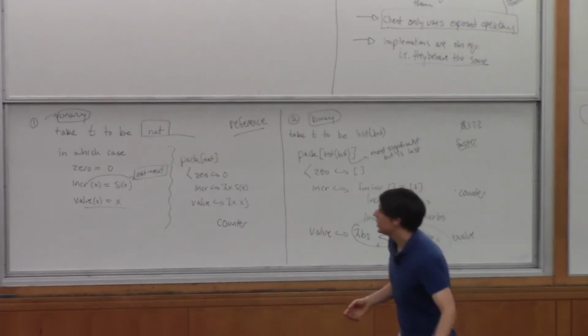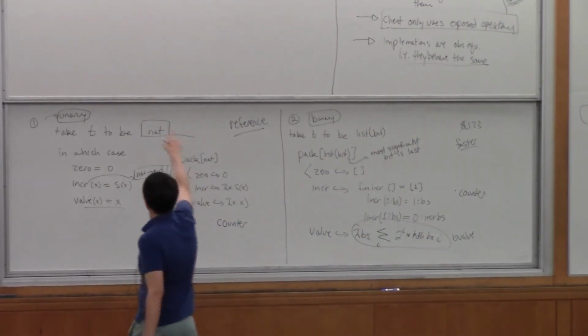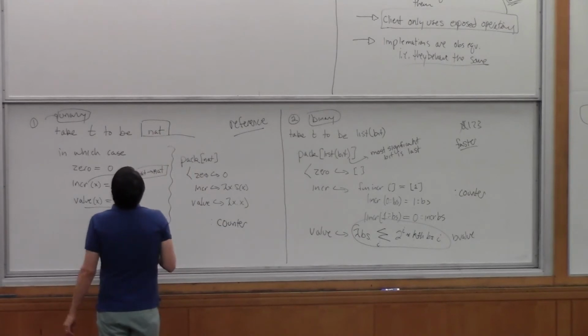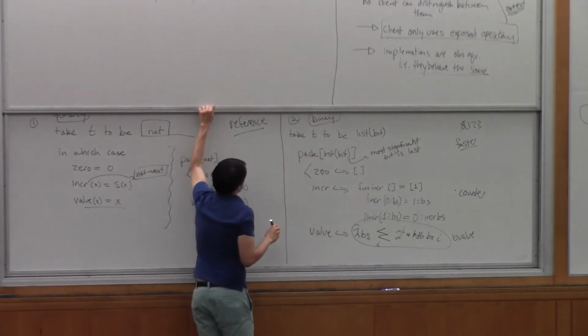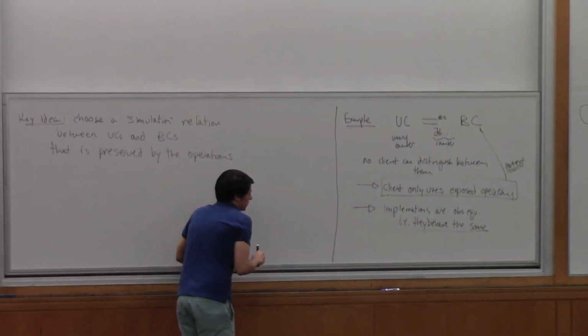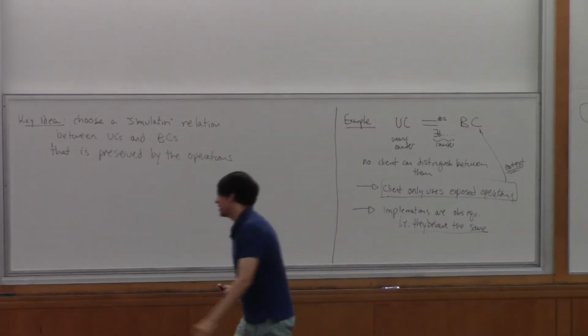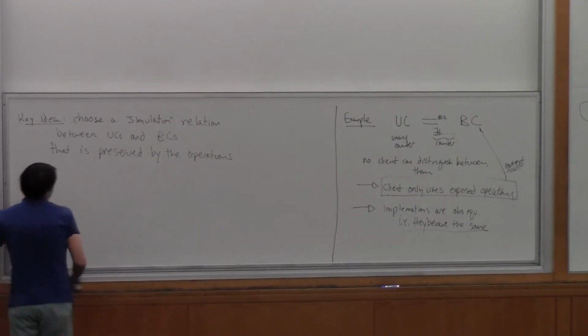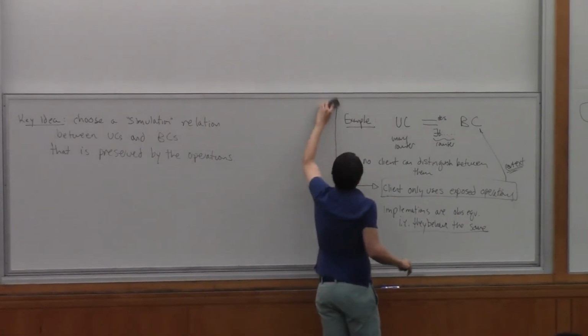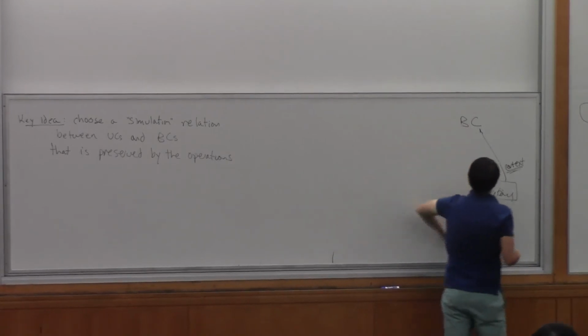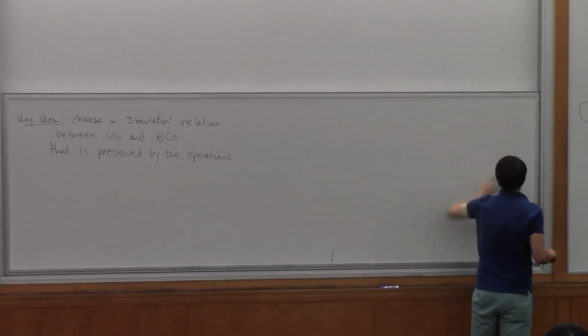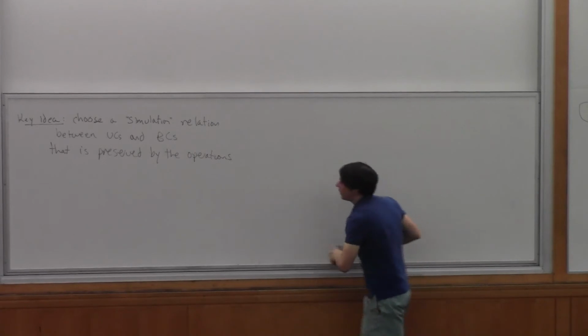Okay? So it suffices to show that the simulation relation is preserved by the operations, which means it's something we'll have to spell out on a case-by-case basis until this afternoon, when we say what logical equivalence means for this language, which will codify all of this.